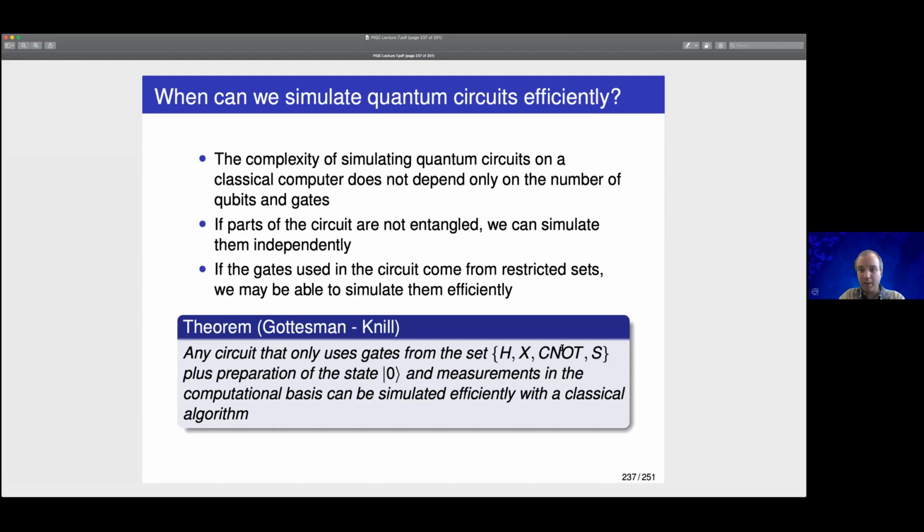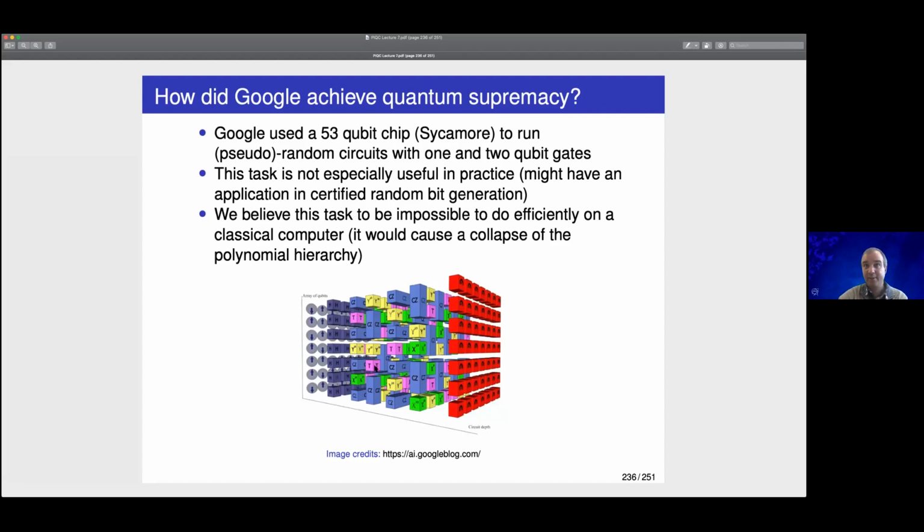And it's incredible that, even if you have a highly entangled state, I will show you an example in a minute, you can simulate the circuit classically. So you need to be careful about that. You need to include, for instance, the T gate here.